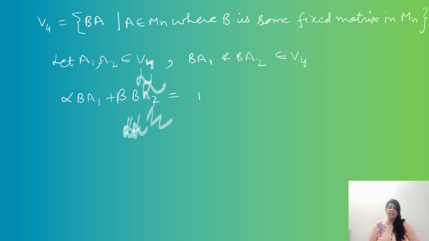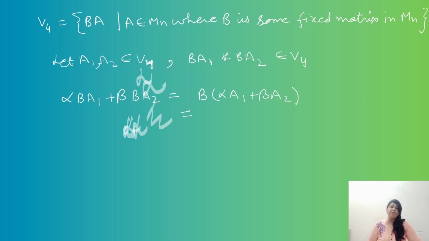So B is a fixed matrix in Mn. So what is it?